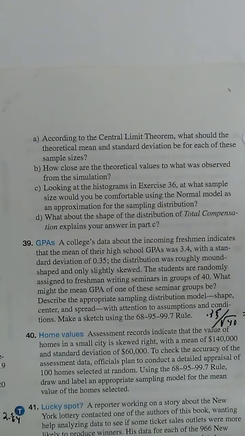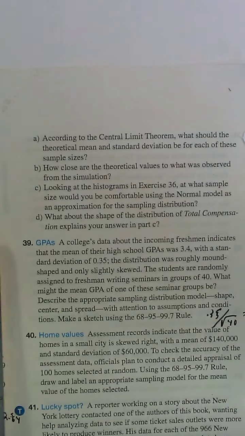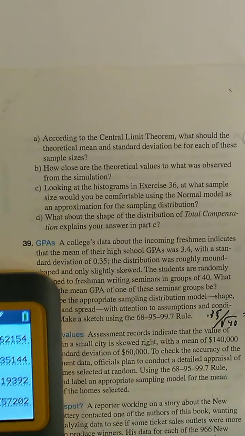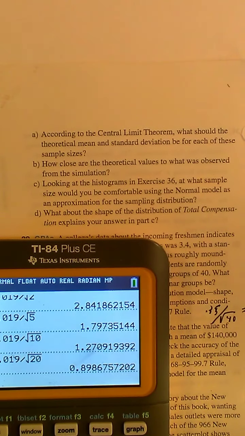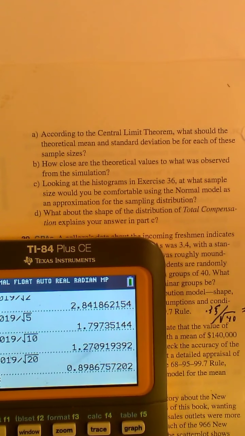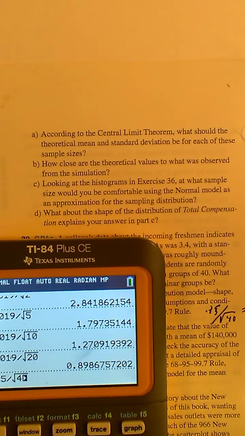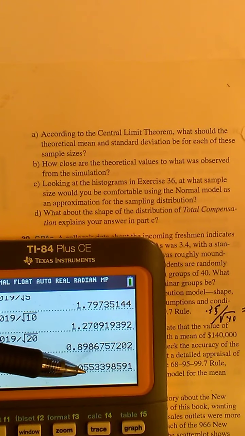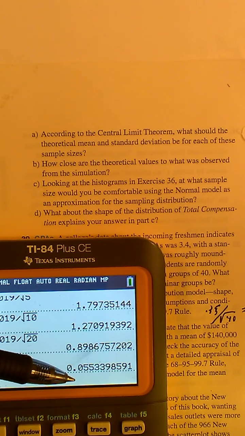Sample size affects the standard deviation of your sample averages. So 0.35 divided by square root 40 and get 0.055. So I expect the standard deviation of sample averages when the sample size is 40 to be 0.055.